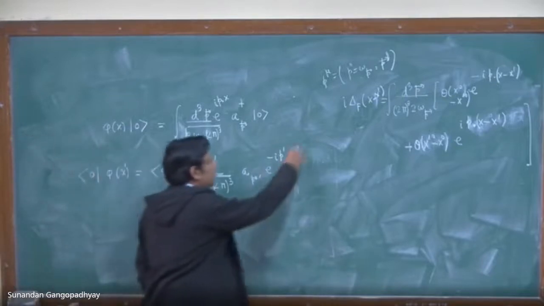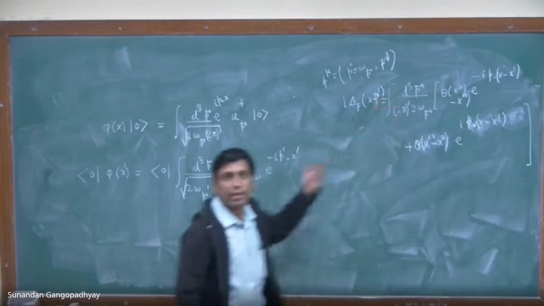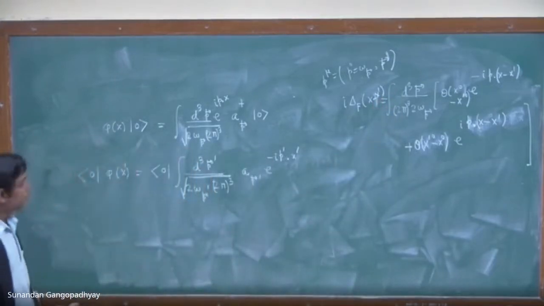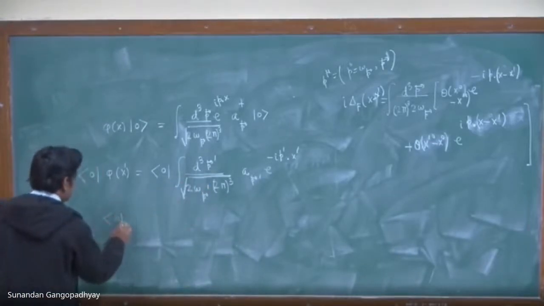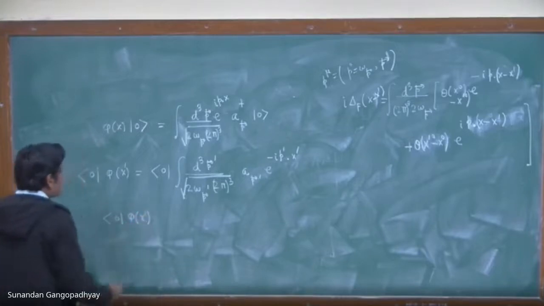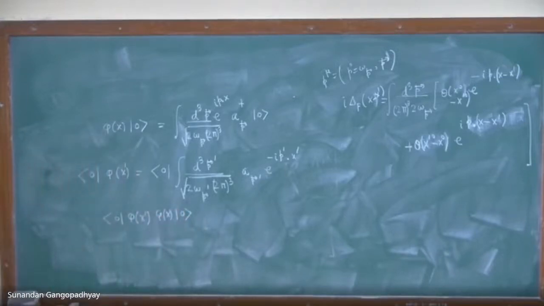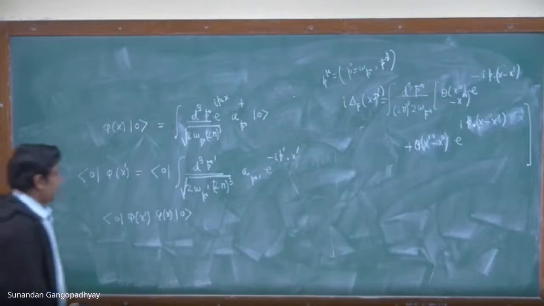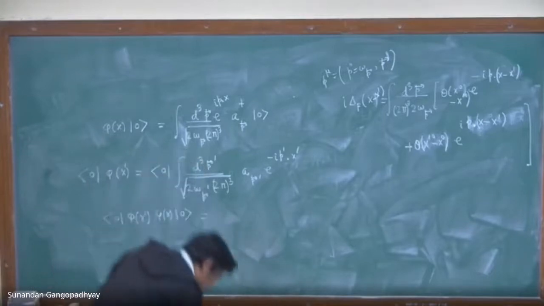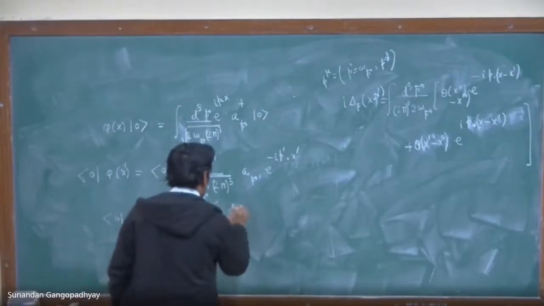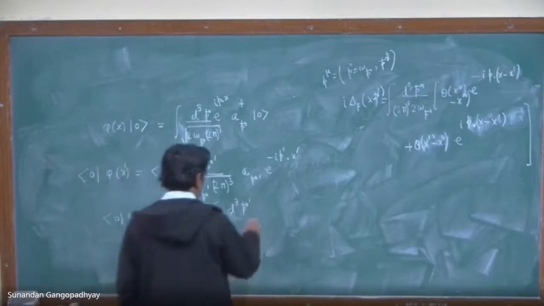Once you have this, let us now calculate <0| phi of x prime, phi of x |0>. Let's calculate this quantity. This will be integral d cubed p prime d cubed p by (2 pi) whole cube 2 omega p omega p prime.